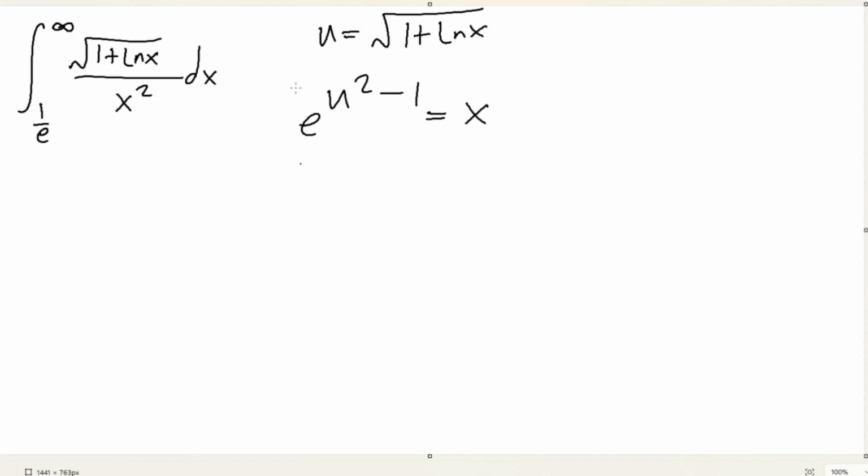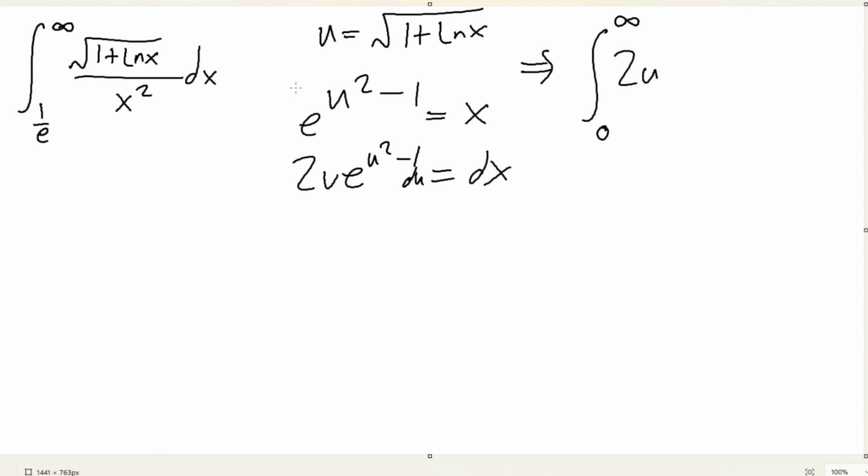And then if you differentiate it, you get 2u e to the u squared minus 1 du. So now, plug in infinity, this is infinity, plug in 1 over e, that's 0. So now we have 2u squared, actually, e to the u squared minus 1 du. But then we have x here, e to the u squared minus 1.